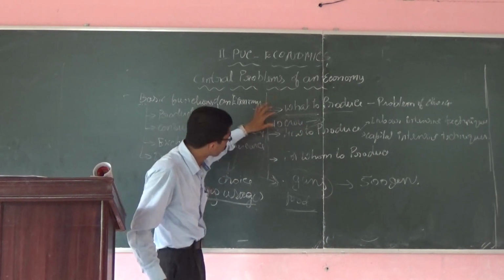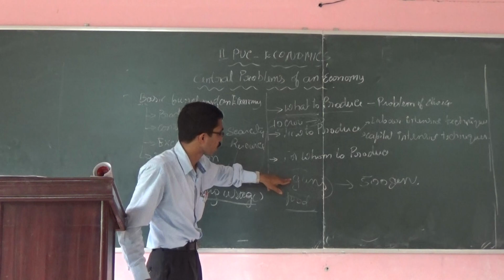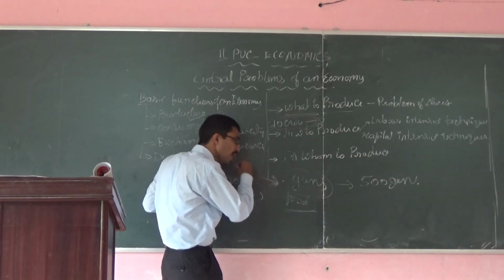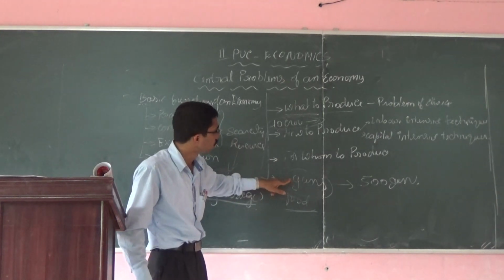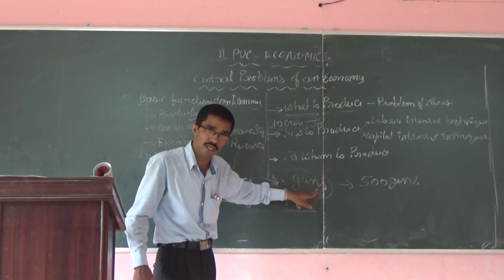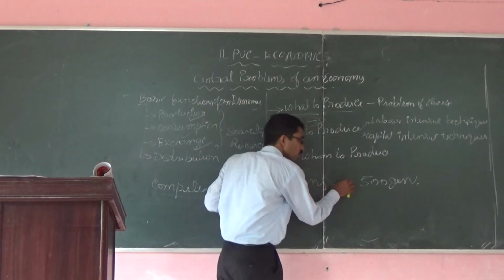First of all, you see, the entire resources used for the production of guns, the total gun production from 10 crores is 500 guns.